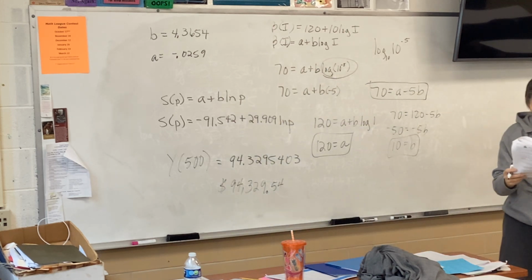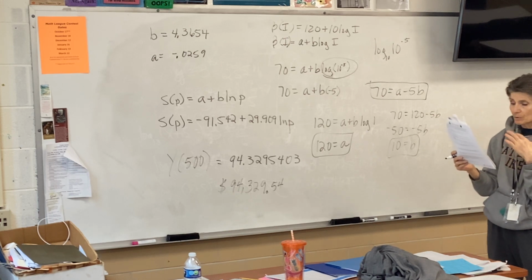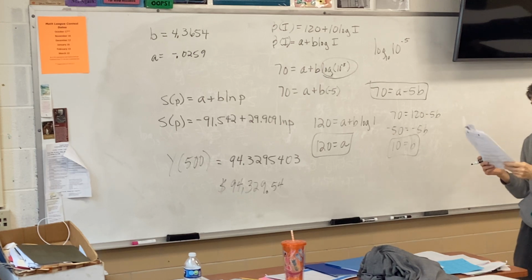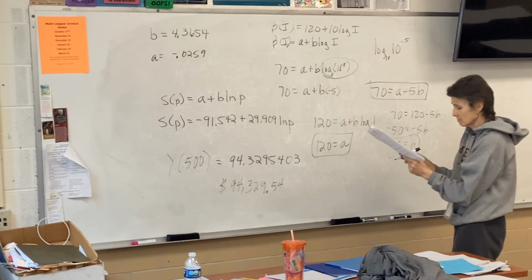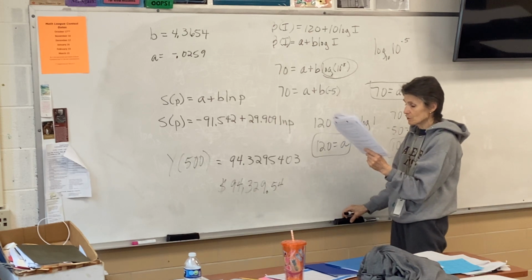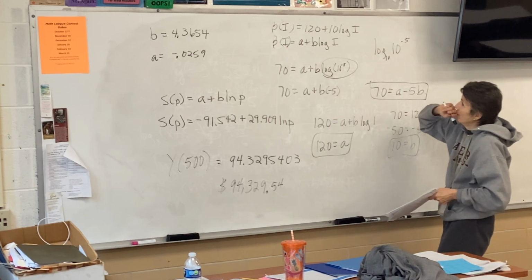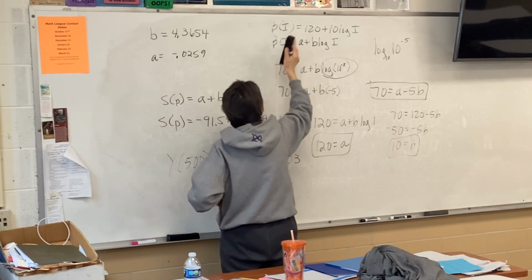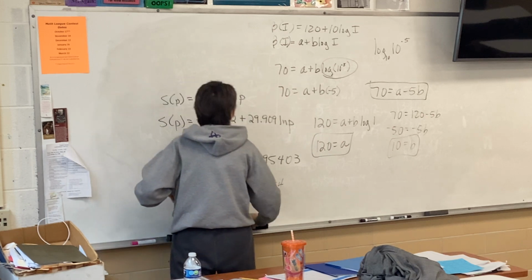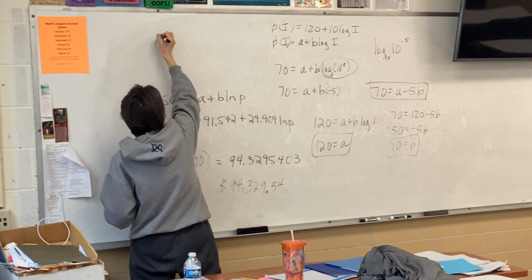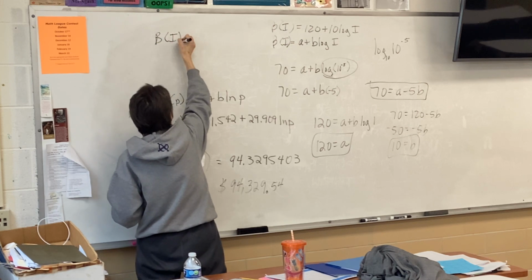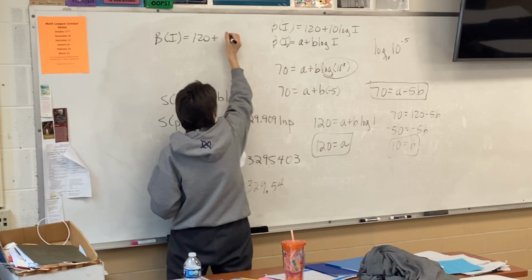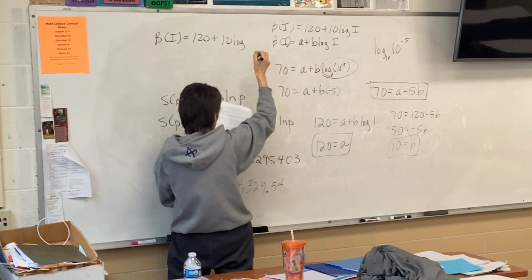So then the last problem, the human eardrum can burst when you get to an intensity of 10 to the 4th. According to the model, what is the predicted number of decibels required to burst a human eardrum? So we go back to our equation. This is your decibels, remember? So we're going to plug in 10 to the 4th.